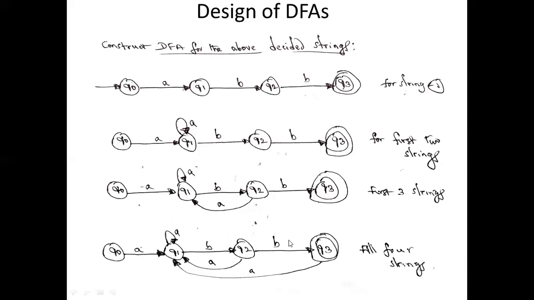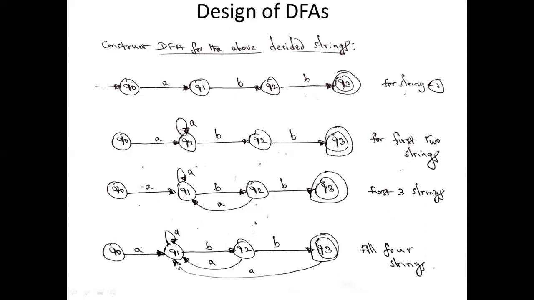After ABB, one more ABB we need to show, but BB is available straight away. For utilizing this existing path, just create one new path from Q3 to Q1 on A. So ABBABB. Now this is the DFA construction based on the decided strings.